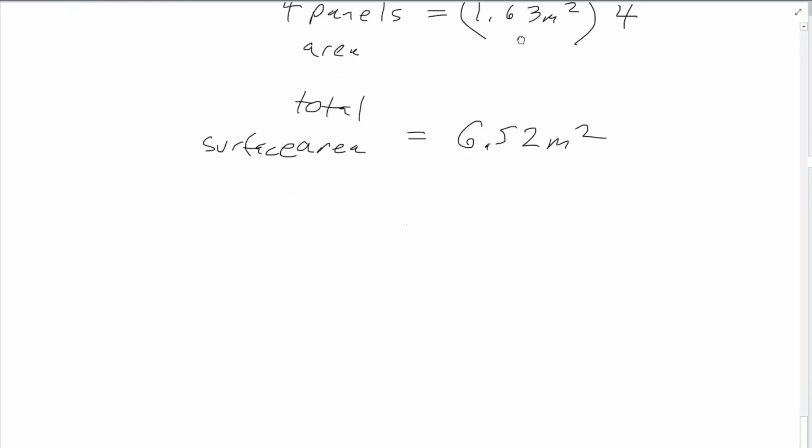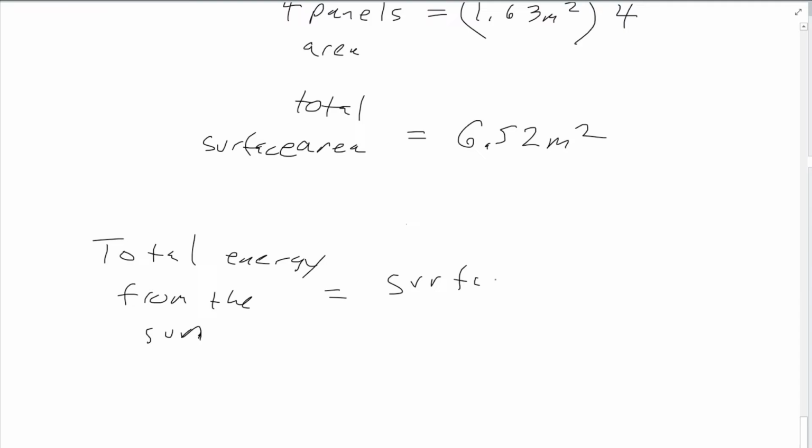So the total energy from the sun is just going to be equal to the area, surface area, multiplied by the insolation.